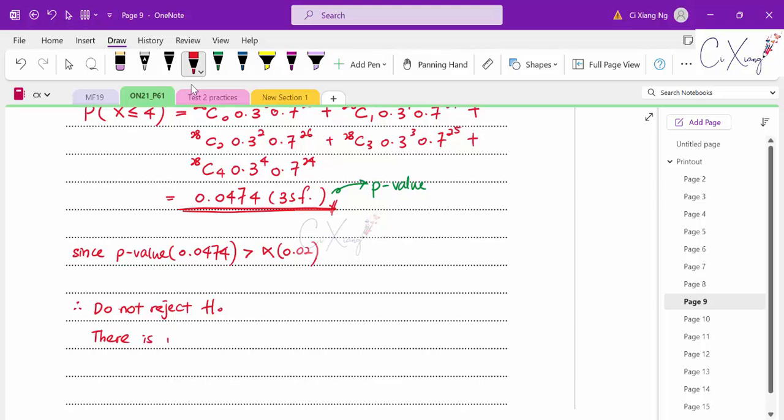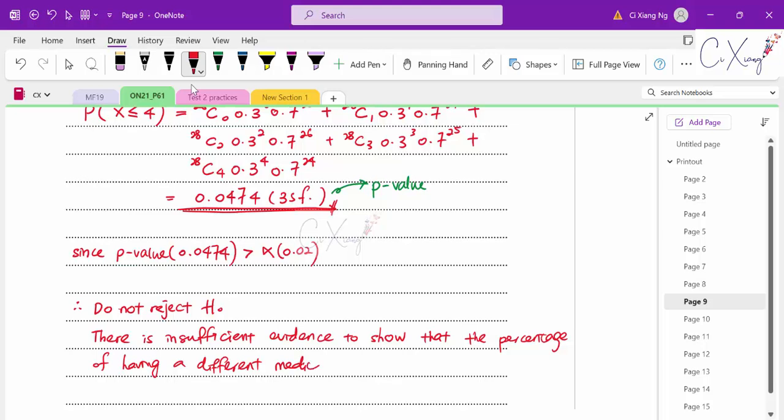That means there's insufficient evidence to show that, and you can copy the sentence from the question, that the percentage of having a different medical condition is less than 30%.